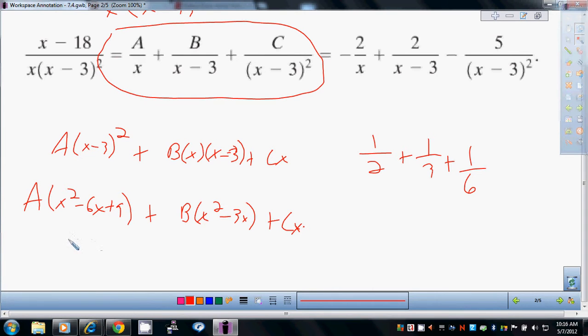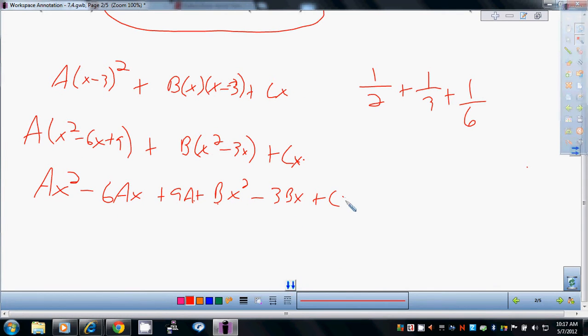Now, if you distribute, you get ax squared minus 6ax plus 9a, plus bx squared. I'm just going straight across, doing a bunch of multiplying. Now, here's where we're interested.